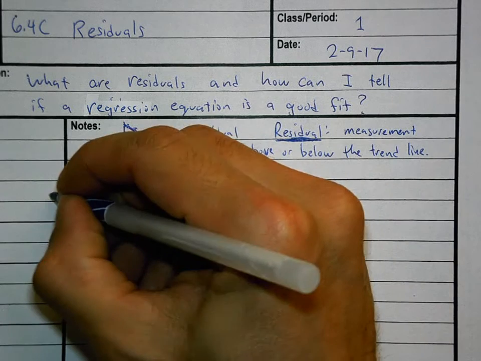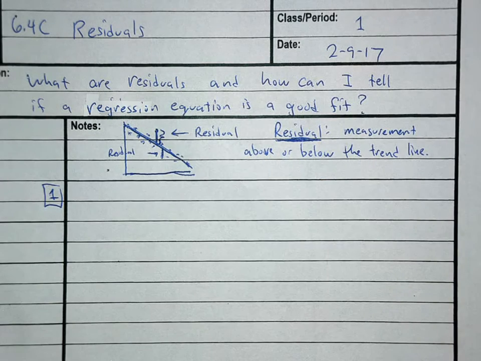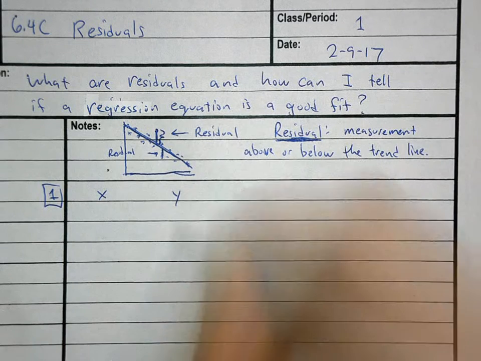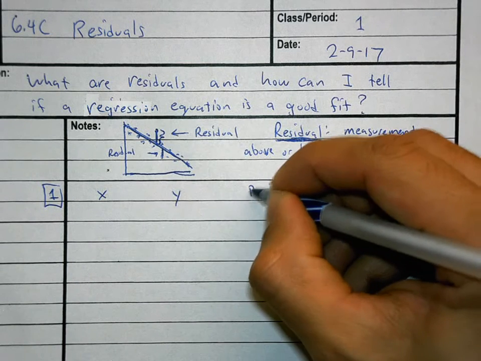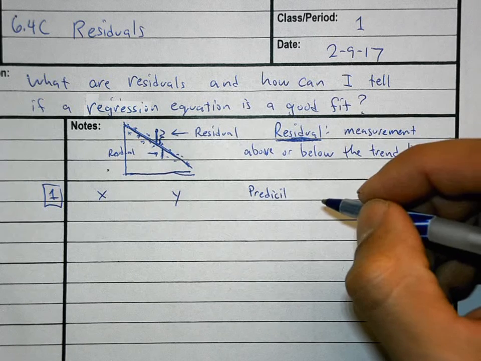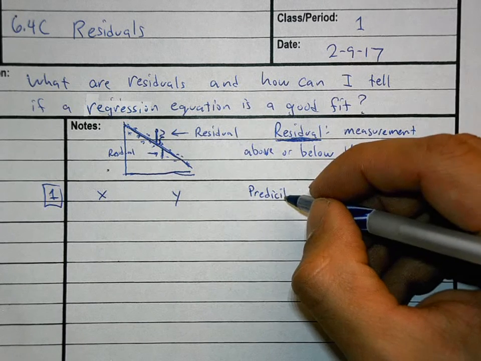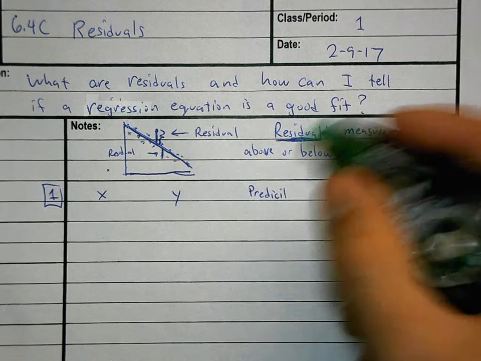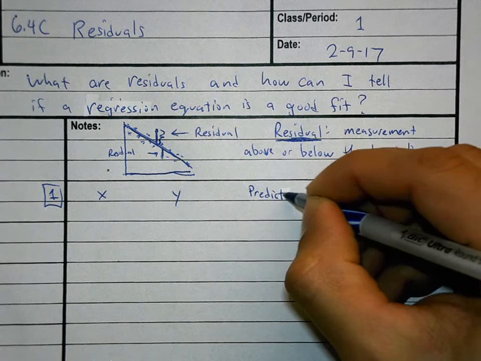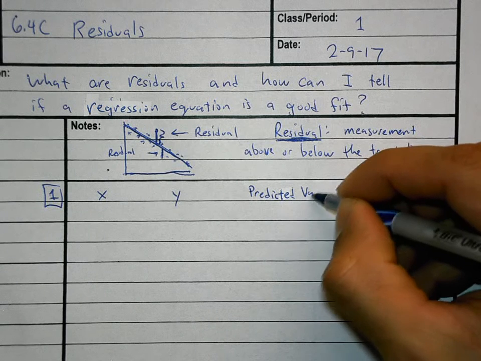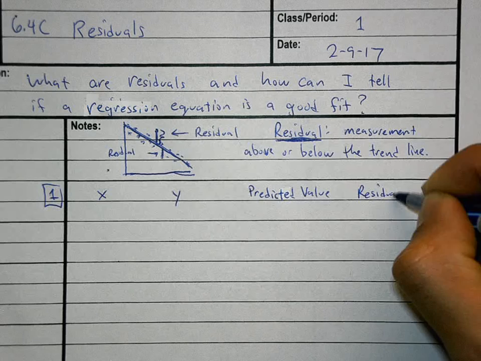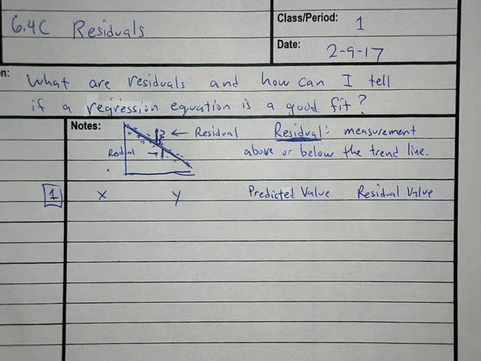Okay, so this is number one on your worksheet. There's an X column, a Y column, a predicted value column, and then the residual value column.